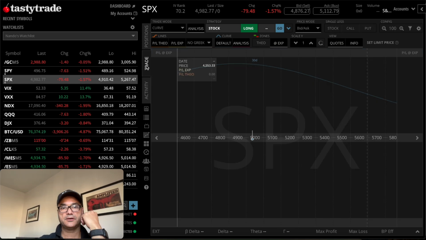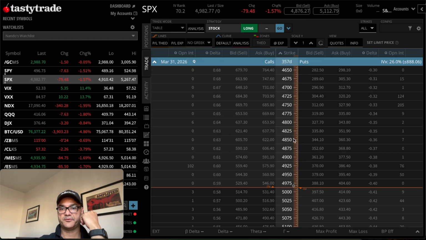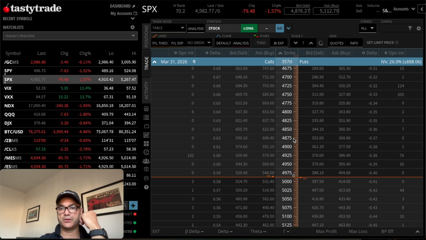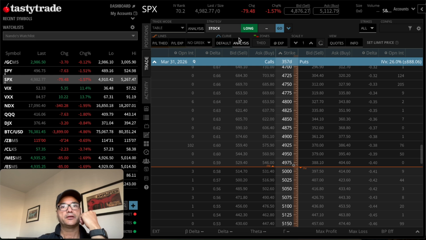But anyway, let's go through construction of a box spread in which we want to have 50,000 at expiration. Notice here that cash closed, again, around 49.82. So I'll just work with the area around 5,000.